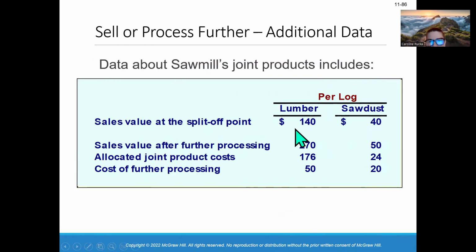So, here's the sales value of each of our products at the split off point. Here's the sales value after processing. So this sawdust becomes Presto logs, this lumber becomes finished lumber. Allocated joint product costs, costs of further processing.